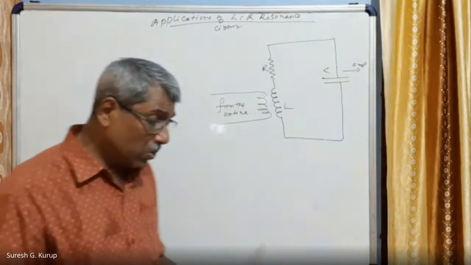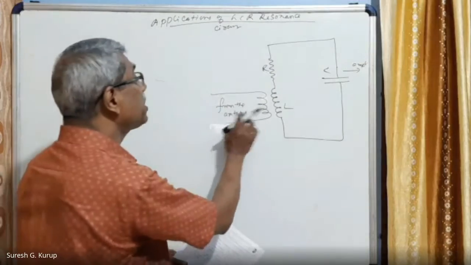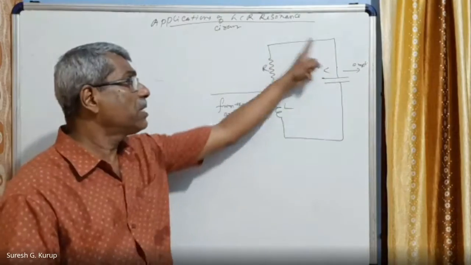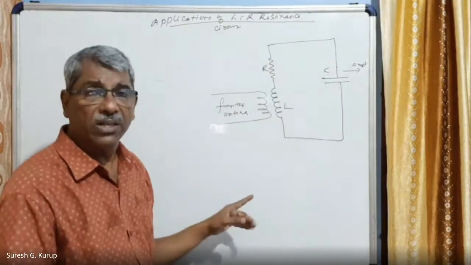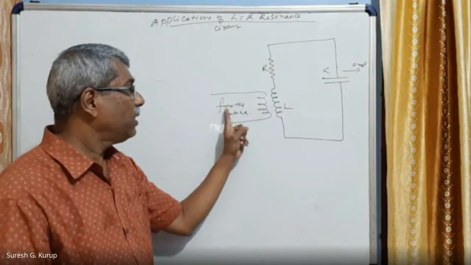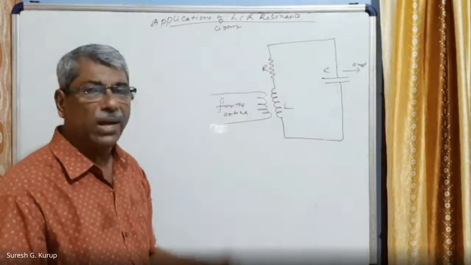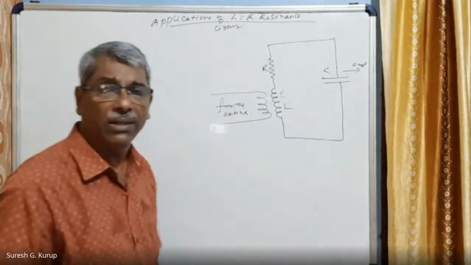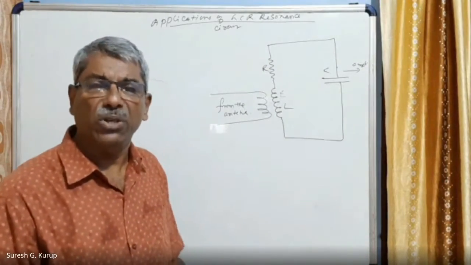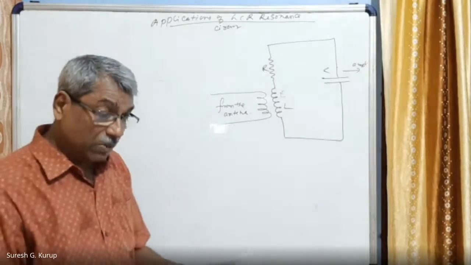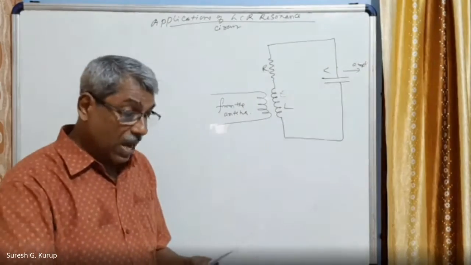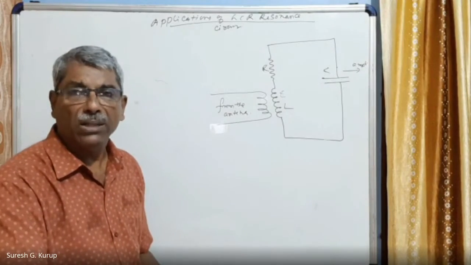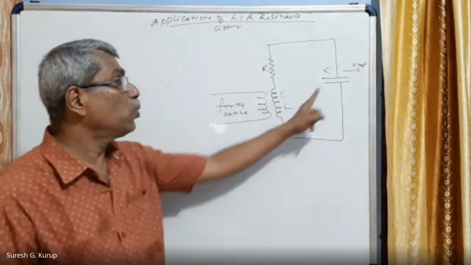In this, you see, the input signal is coming from the antenna, and this is coupled with an LCR series circuit like this. This will induce an EMF E across L. The EMF is induced in L of the series circuit, and as the circuit has a very high value of quality factor, the voltage across C becomes very high.